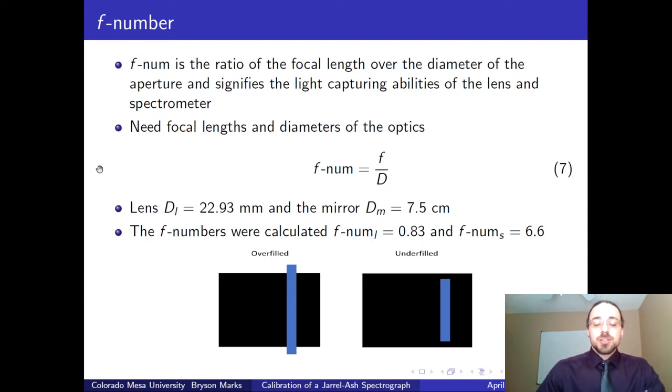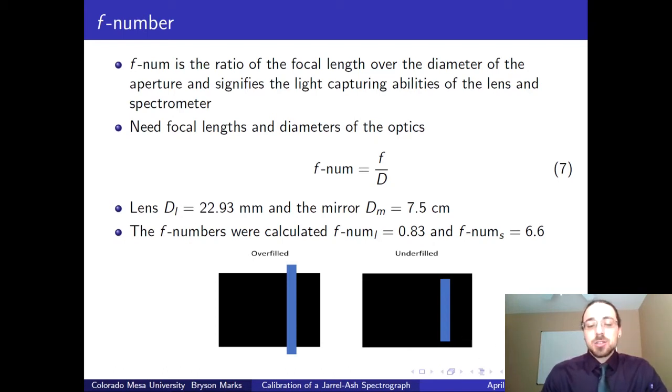Now, we want these two to match, and it is important that they match, because if they don't, we have two possible scenarios. Either we have the one on the left here, which is overfilled, where we waste light coming off of the bulb or light from the spectral line not being used. Or we have underfilled, where we are not using all of the pixels that we can.